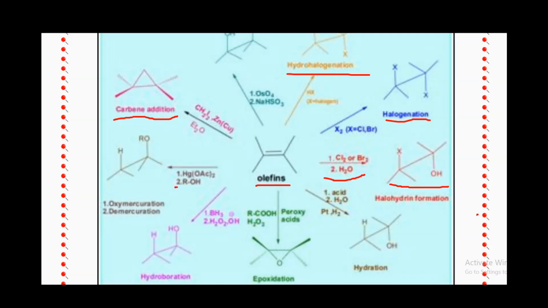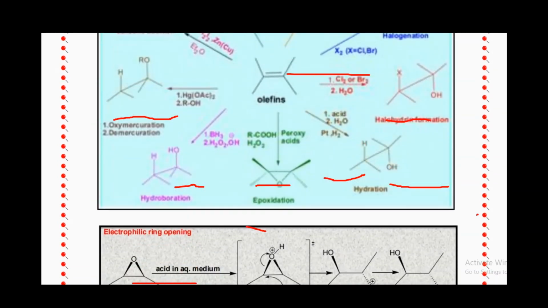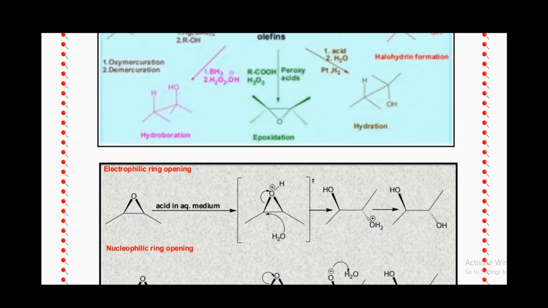In case of Hg(OAc)2, you all know that is the oxymercuration reaction, again giving rise to the OH, and with hydroboration we are also having the formation of the H and OH addition, and with the help of H2O2 and the peroxy acids you are going to have the epoxide formation. So this will be much more important for you to remember when you are going for any competitive exam.